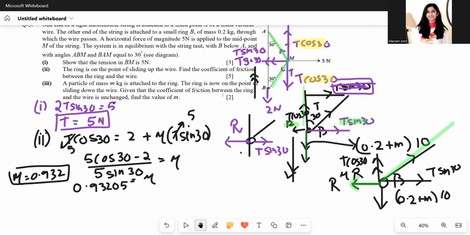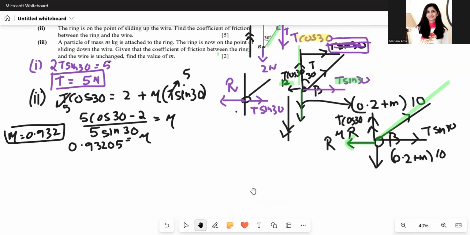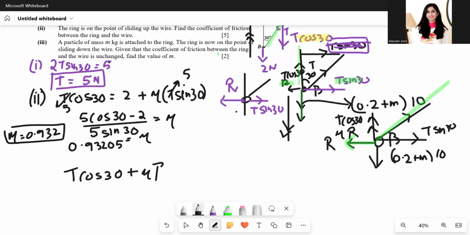Now let's form equations. The equation would be upward force T cos 30, plus friction mu R, equals downward force 0.2 plus m times 10.